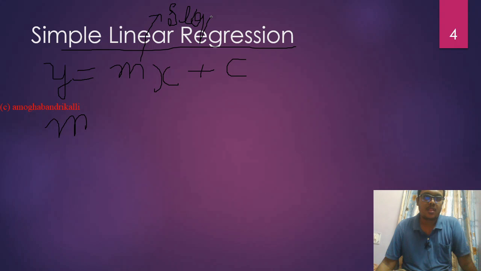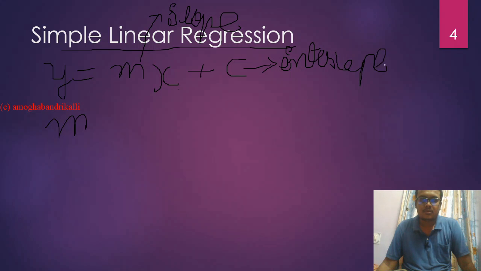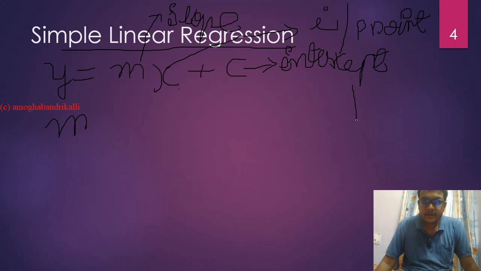So this is slope. This is y is equal to mx plus c. This is intercept, and this is input points or training points. Let me just have a respective graph here.